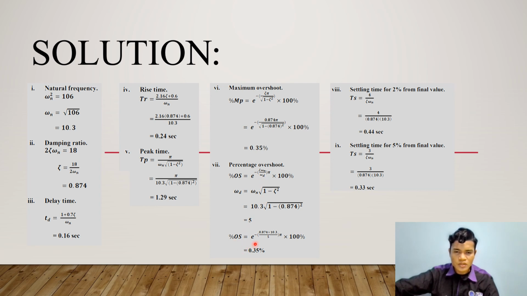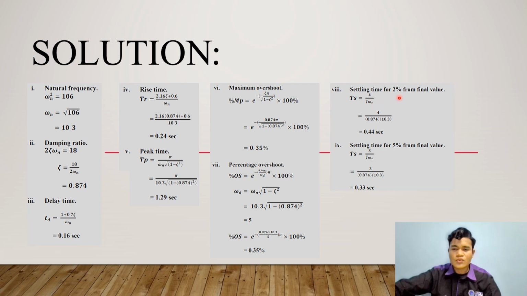Percent overshoot equals exponent to the power of 0.874, which is the damping ratio, times 10.3, which is the natural frequency Wn, over 5, which is WD that we got here. Don't forget to multiply by pi and times 100, then we got 0.35%.